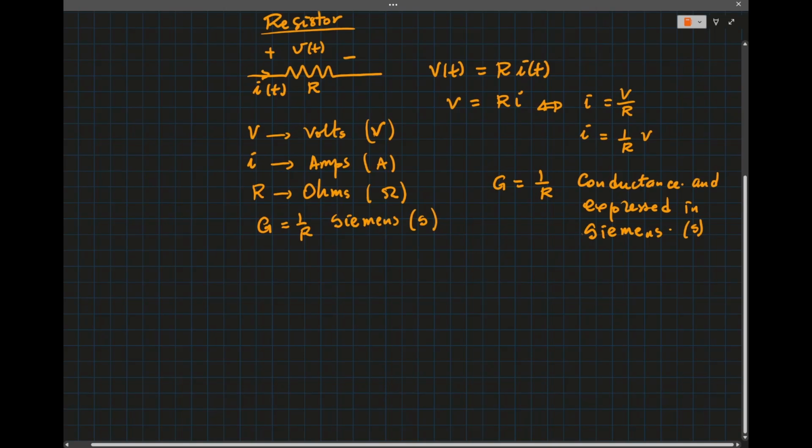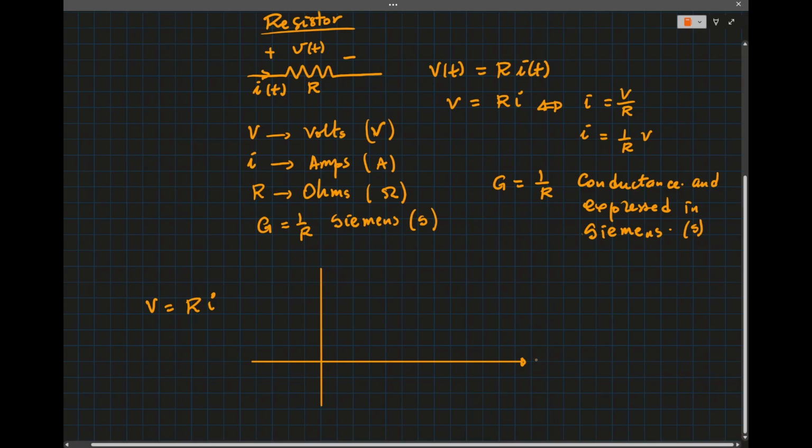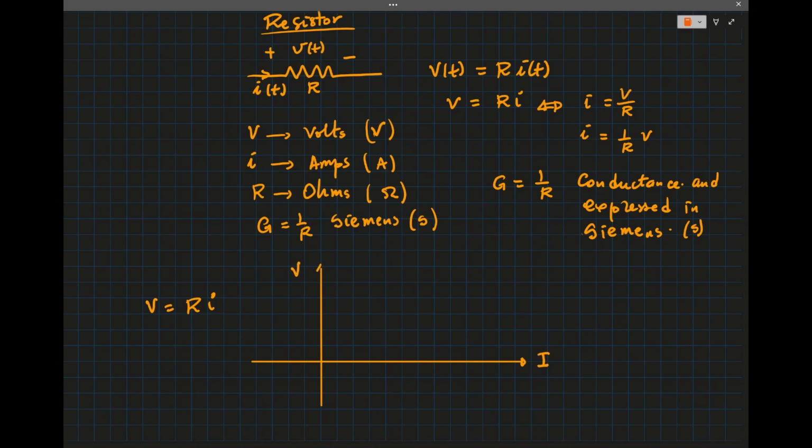Now, let's make sense of this equation. We know that v equals R i. So if I sketch the IV characteristic, let's say that I know the current and I want to calculate the voltage.